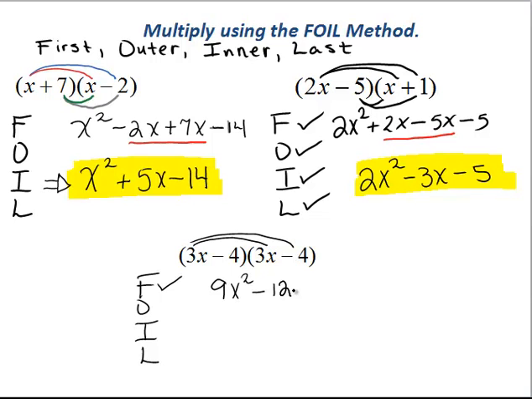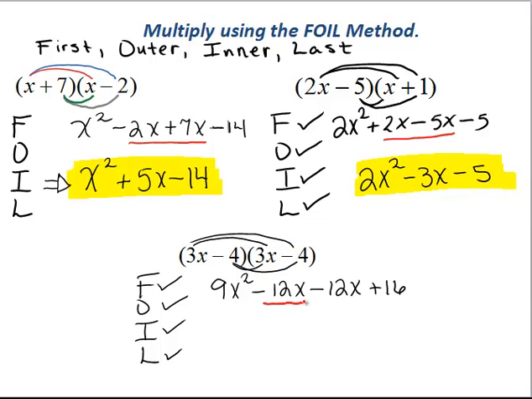negative 12x. And then our inside terms here, check off our O, our inside terms, minus 4 times 3, which is a negative 12x again. And then our last set of terms are negative 4 times negative 4, which in this case is a positive 16. So we've checked that off as well.